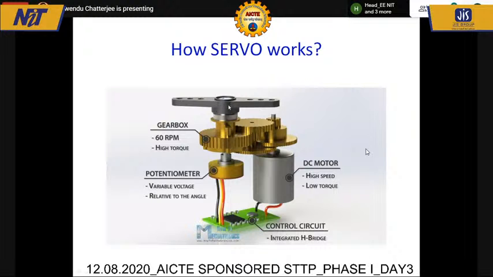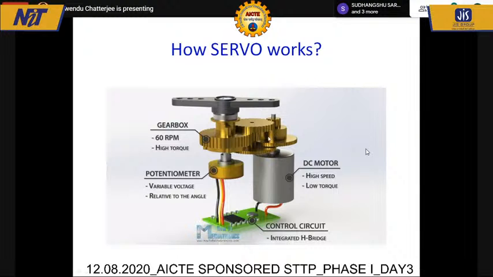The main thing is the angle that it is rotated according to our will. The potentiometer is attached directly to this shaft, and this potentiometer and the motor are controlled by a control circuit.